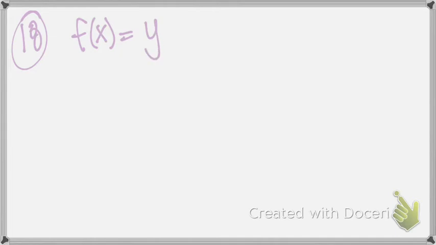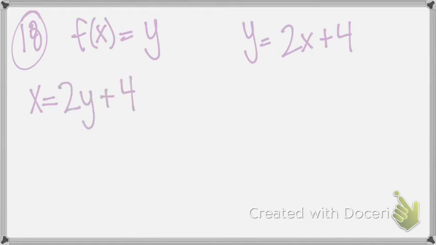All right, number 18, we are going to do the same thing. Please keep in mind that f of x equals y, okay? So we've got a function of y equals 2x plus 4. The first thing I must do is swap x and y. So, x equals 2y plus 4.